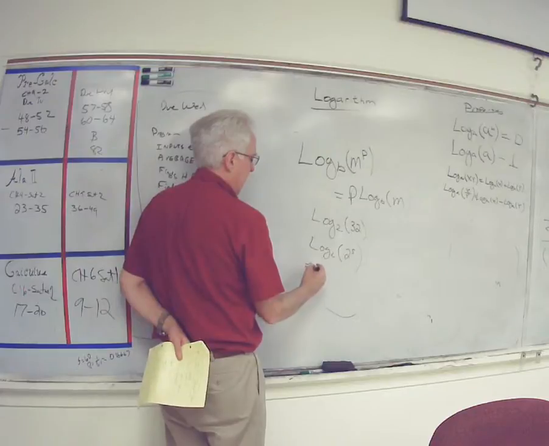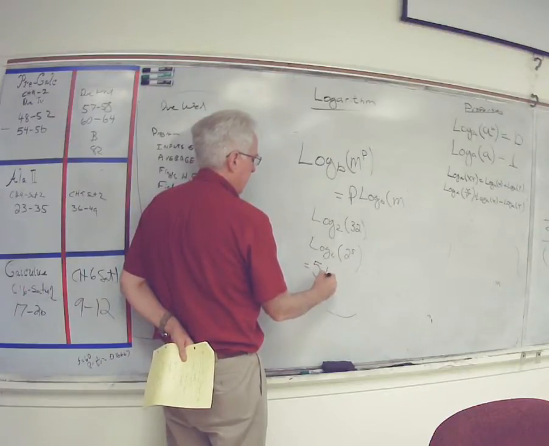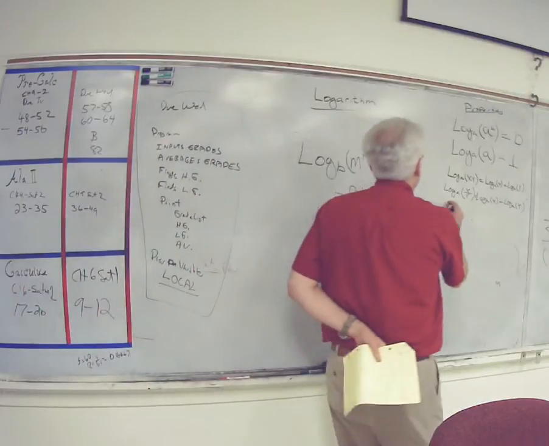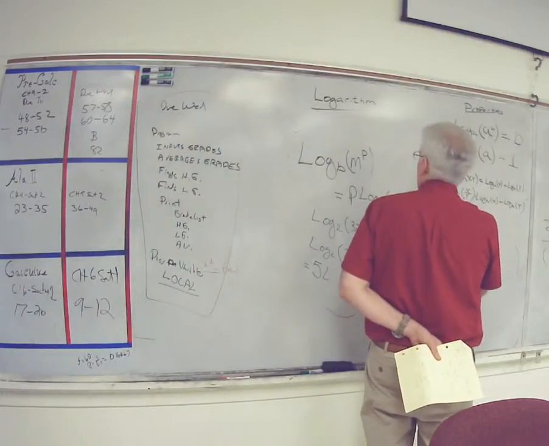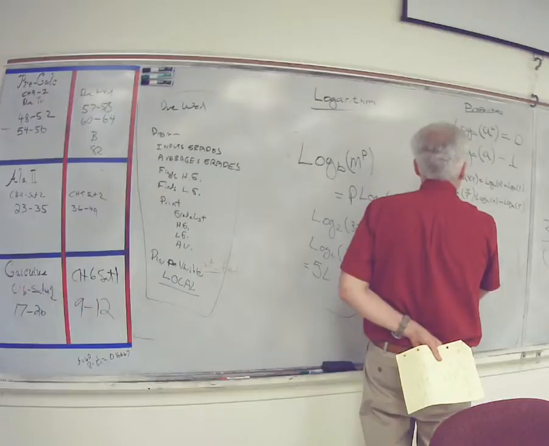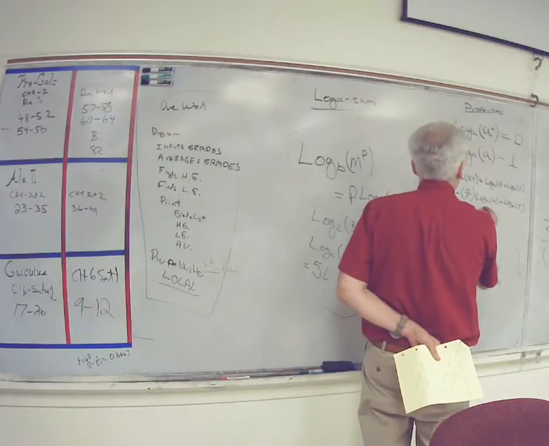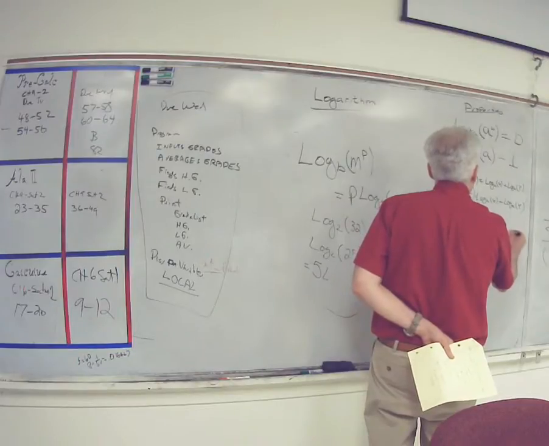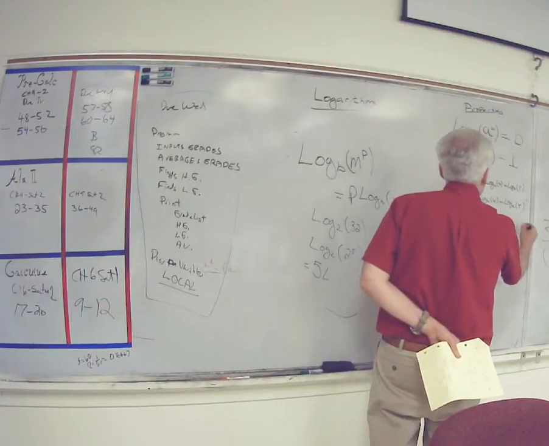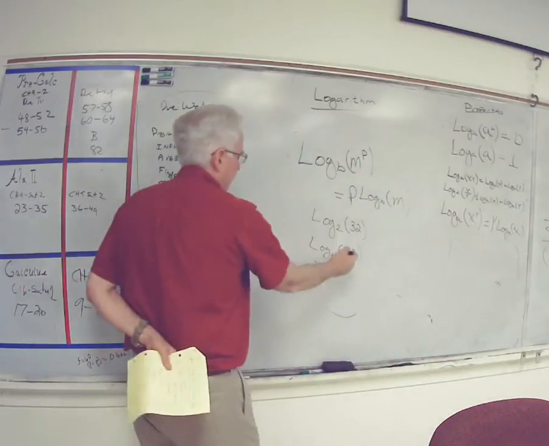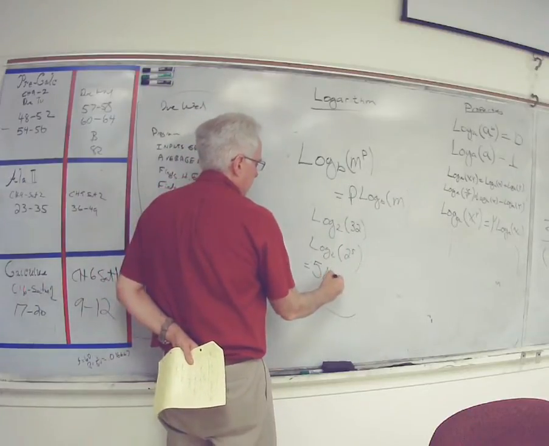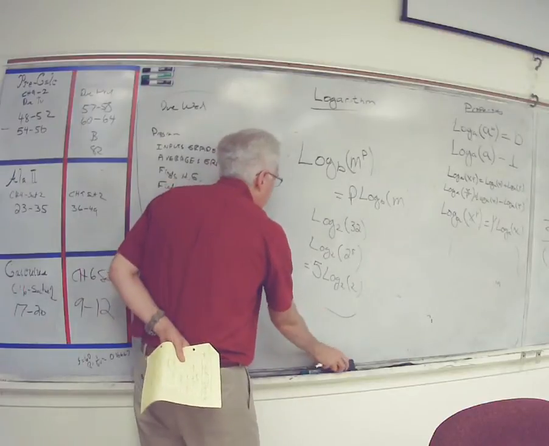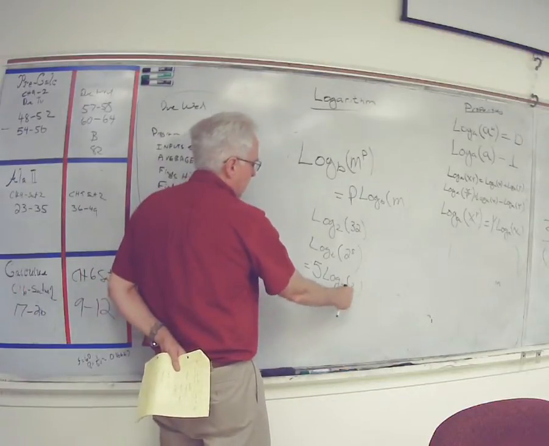I can bring it down. So that's 5, based on this rule, which is log a of x to the y is equal to y times log a of x. So I can bring the 5 down, right? Log 2 of 2. Now, Josie, what's log 2 of 2?